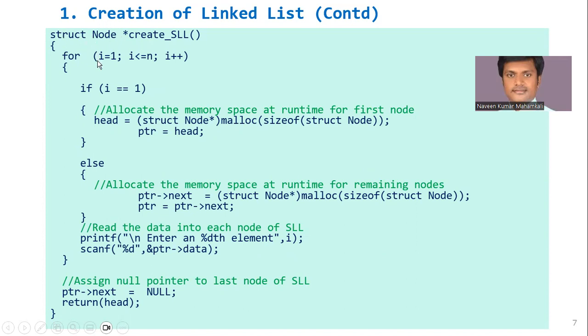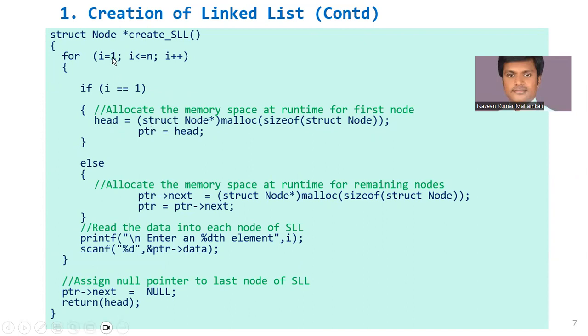I have written a for loop that iterates from 1 to n to create n nodes. I equal to 1 means the first node. I create a node dynamically using malloc, and store the returned address in head. Now head points to the first node.